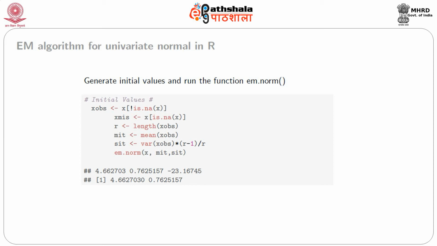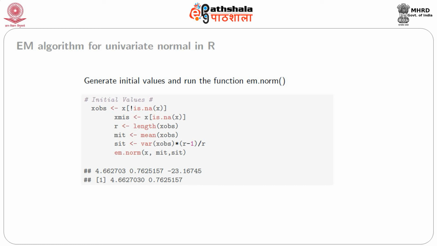So this is equivalent to doing a complete case analysis for the initial values, and then we call the function em.norm and pass on the x values and the two initial values.